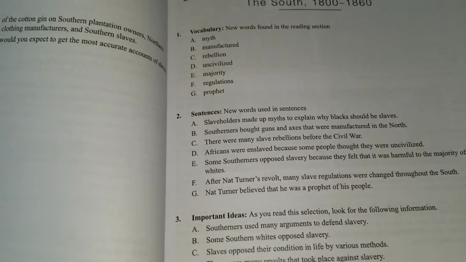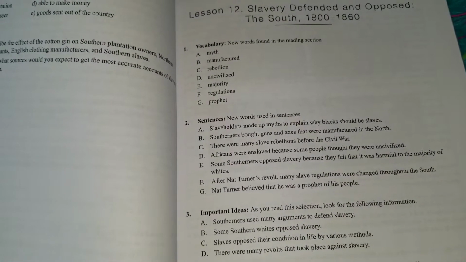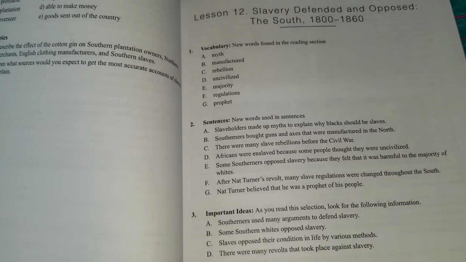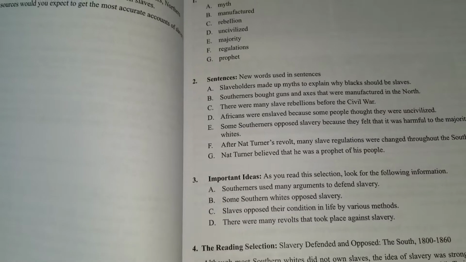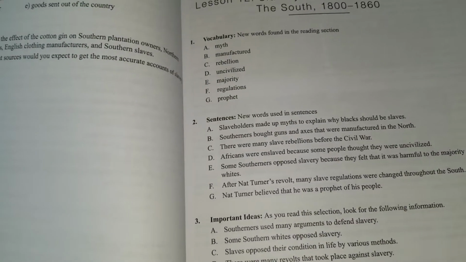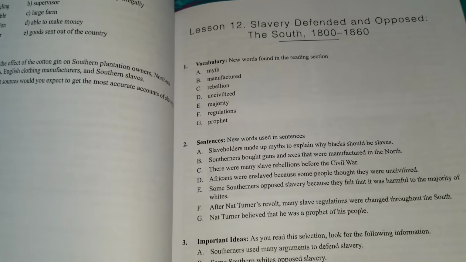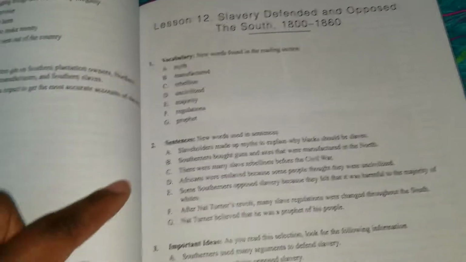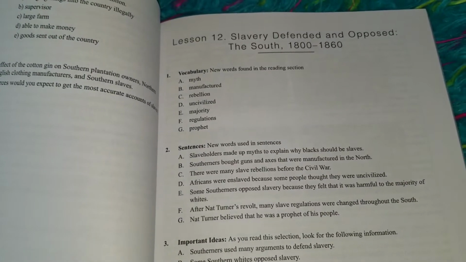Here are some sentences here. And this is where they use these vocabulary words in the sentences. So the sentences that he finds in the story that tells him how the words are used, they were nice enough to put them right here for you. But I still have him highlight the word in the sentence.